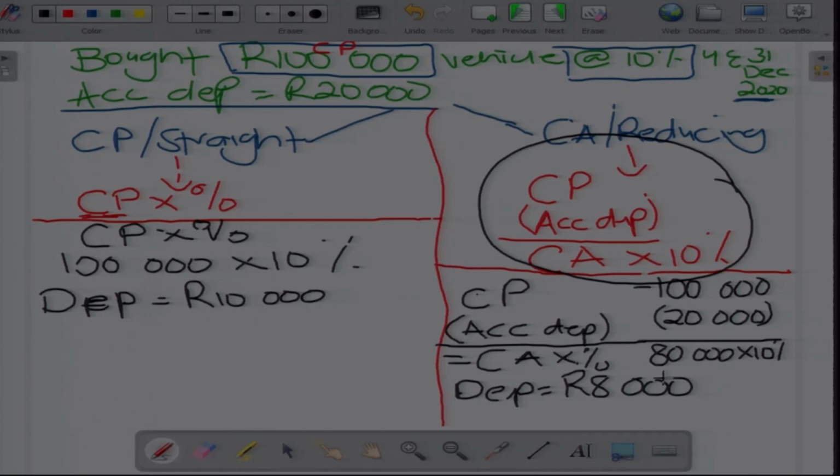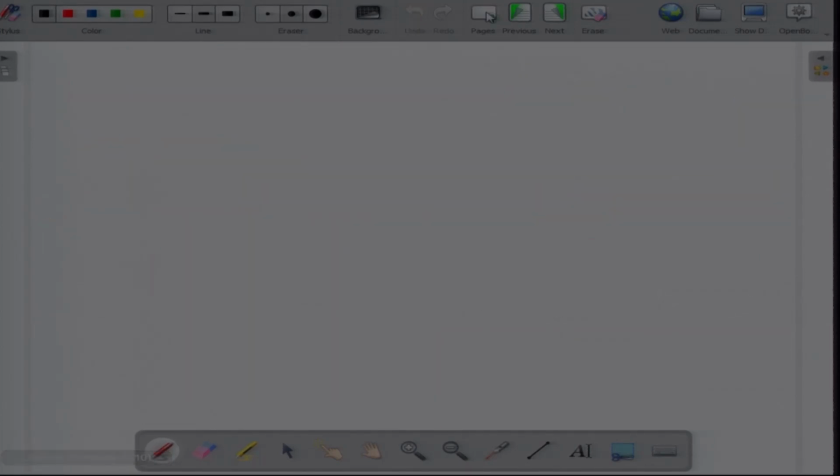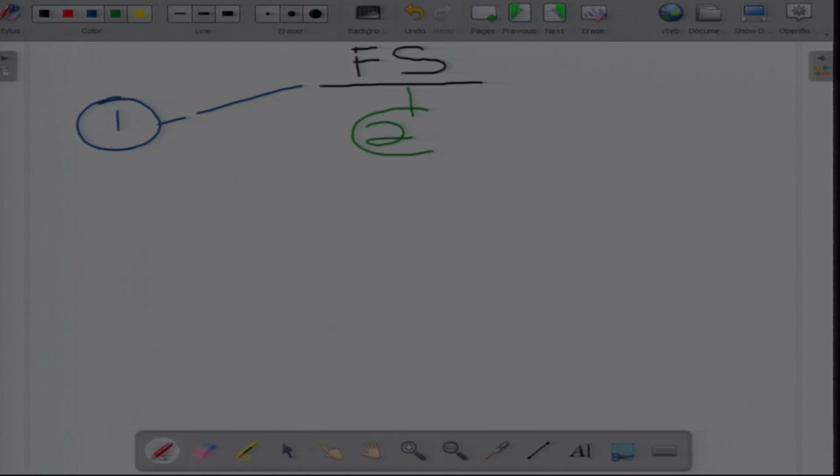Okay. Now, what else? What else is it that we're going to need to know? Is our financial statements, right? Financial statements, these three. Now, remember I said I'm going to incorporate the two into one.